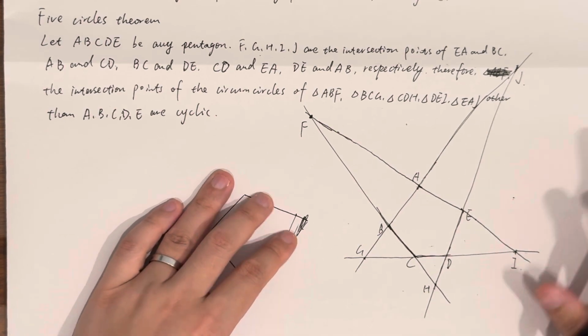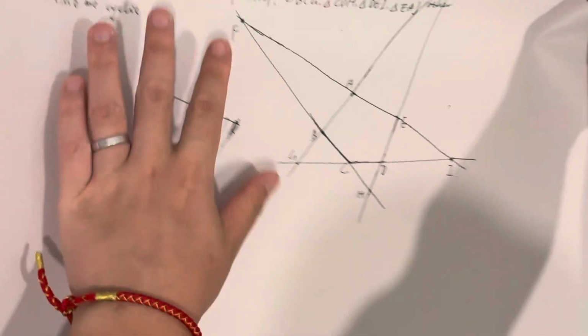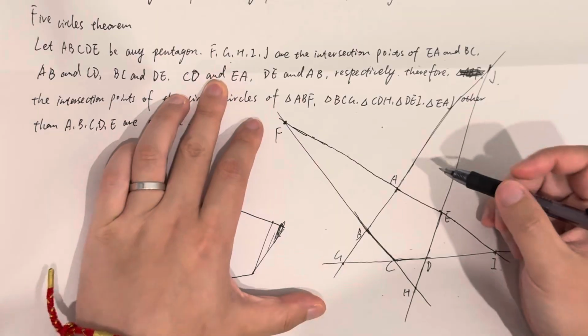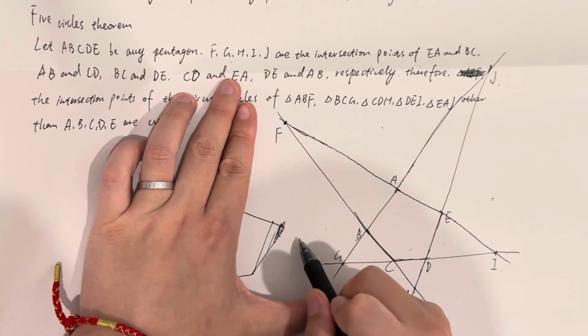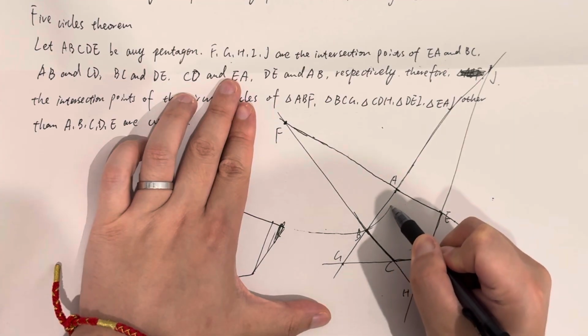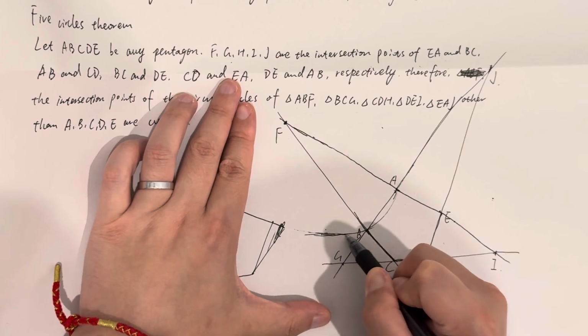Now you can see why I said that this figure is kind of difficult to draw. So let me consider this problem here. Let me just draw a few circumcircles so we would be more clear about what we are discussing.